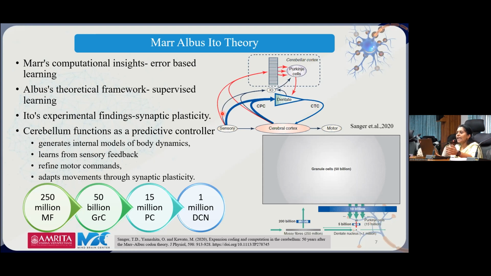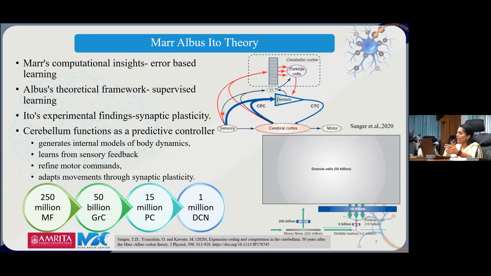Later, in 1982, Ito came up with the experimental evidence for that, and he specified the synaptic plasticity, that is the LTD and LTP. LTP was found earlier, and LTD was found by Ito. These three researchers together put forward the Marr-Albus-Ito theory, which has been running for the past 50 years or so.